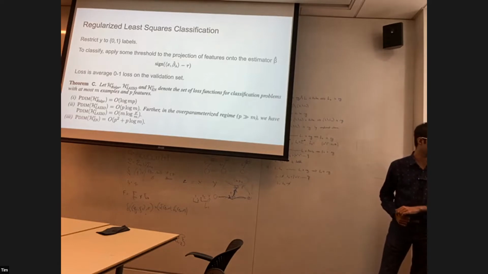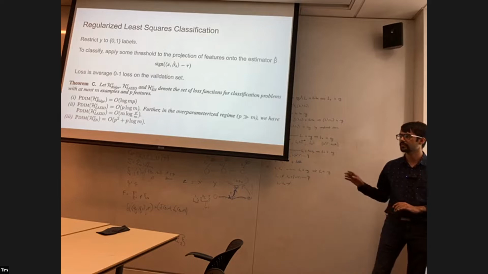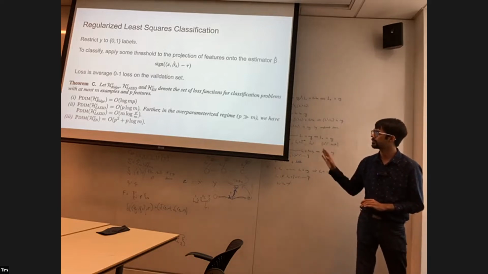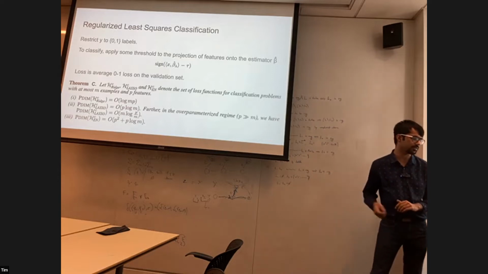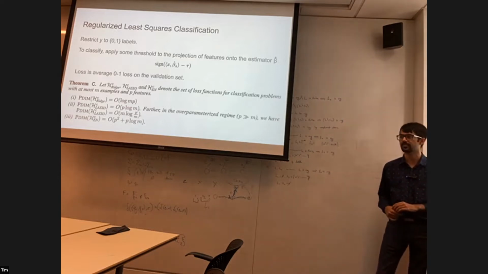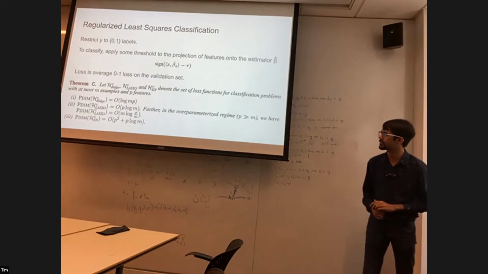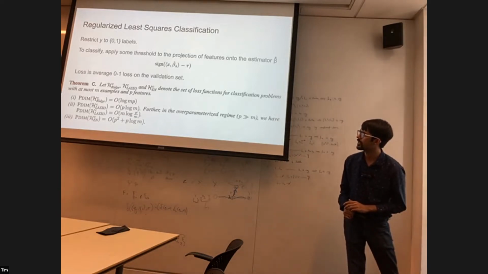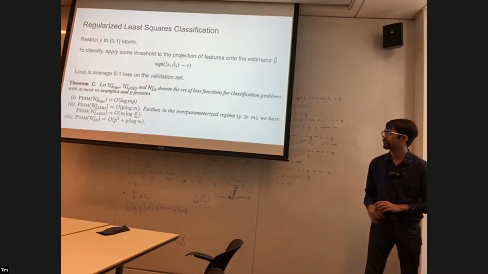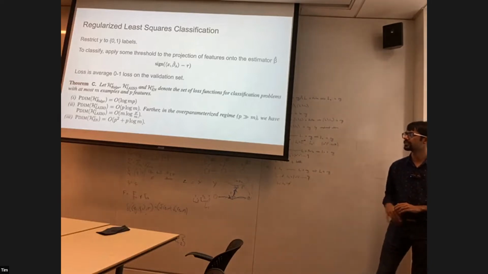As well, for lasso, we also study this over-parameterized regime, which we were not able to study for the regression problems. It's an interesting open question how to study the over-parameterized regime for regression. But at least for this classification problem, we are able to give a bound on the pseudo dimension for just L1 regularization, not the elastic net, which is linear in m.